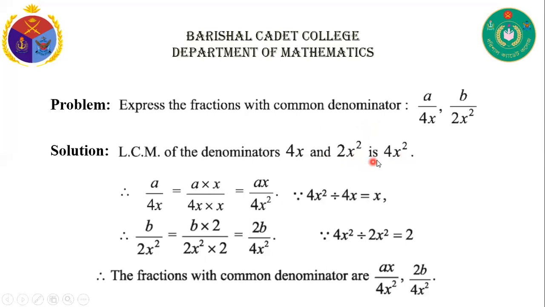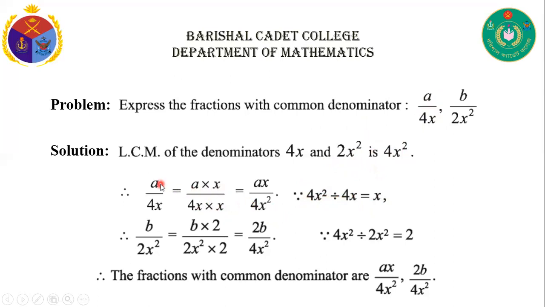Now we have the formula. First we divide by this denominator: 4x squared divided by 4x gives x. So we have to multiply x in the numerator and denominator, then we get the common denominator form.